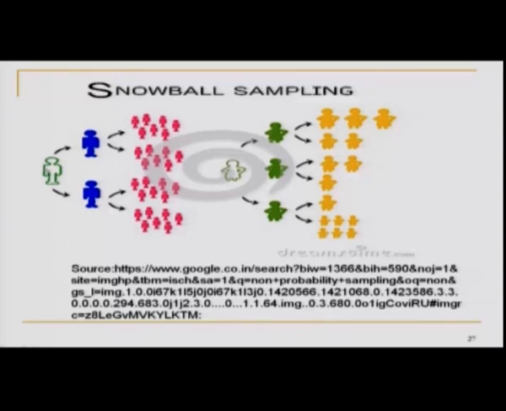You start from here, collect data from this person and take help of this person to get you introduced to these two and then collect data from them. As I said, for working with hidden populations, people having HIV/AIDS, you cannot have a sampling frame, you cannot use any other method.